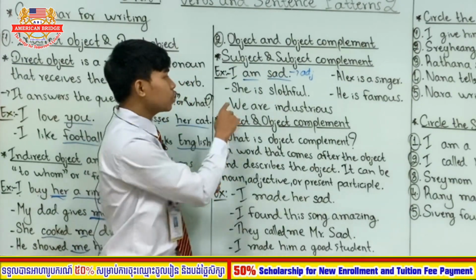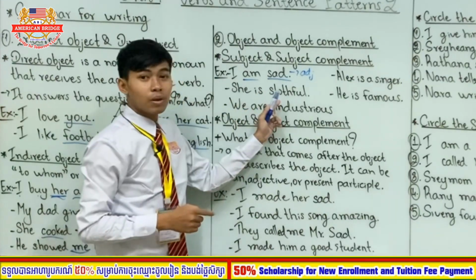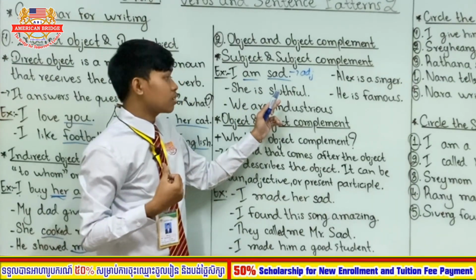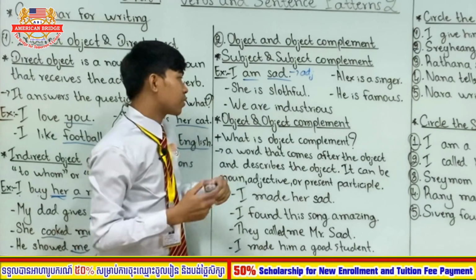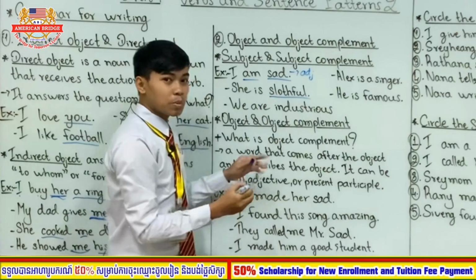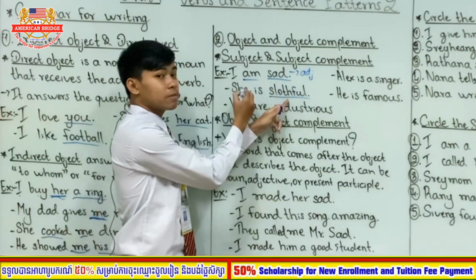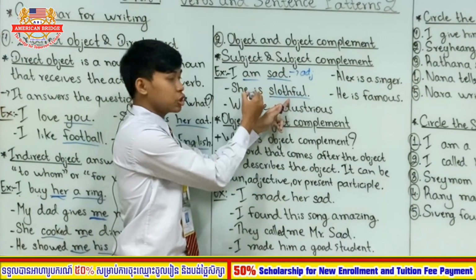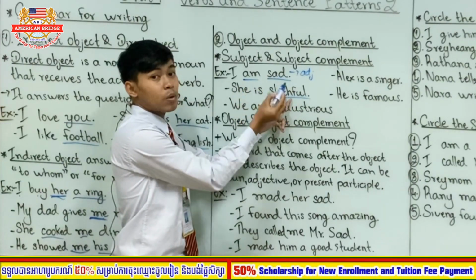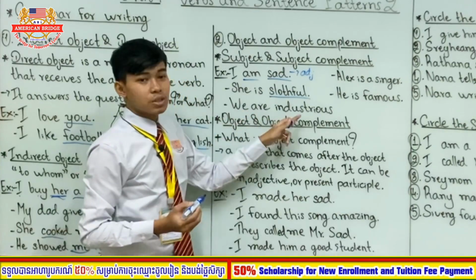Let's go to number 2. She is slothful. Slothful, like we learned in the stories 3 weeks ago, means lazy, right? So the subject complement here is slothful, because it comes after the linking verb is and it describes the subject she. She is what? She is slothful. We are industrious.